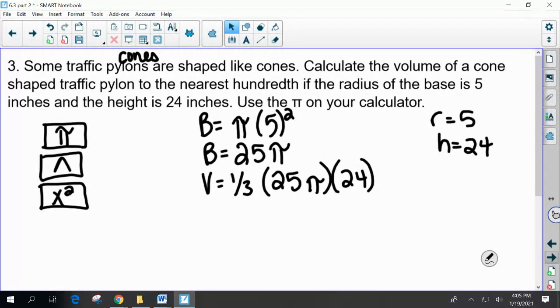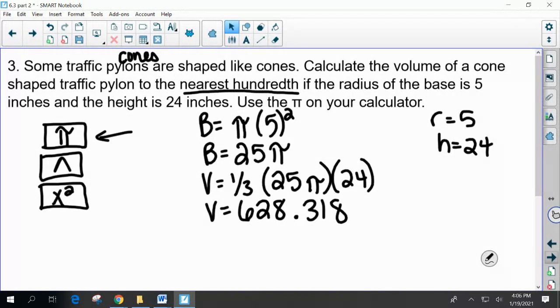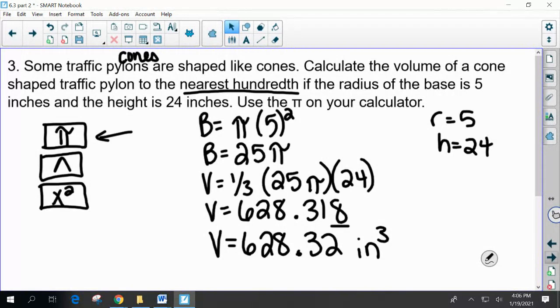So now I'm actually going to multiply and use that pi button on your calculator. So my answer I get is 628.318. The instructions say round to the nearest hundredth. So I need to look at my third decimal. It is 5 or greater, so I'm going to round up. So 628.32 inches cubed.